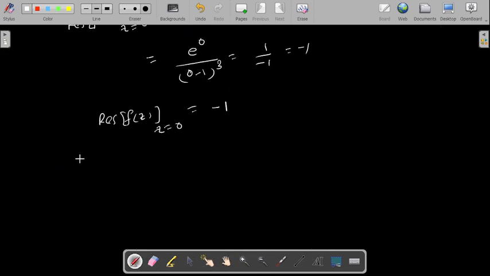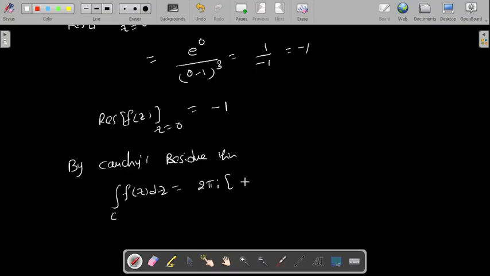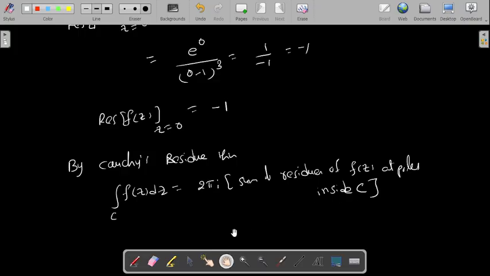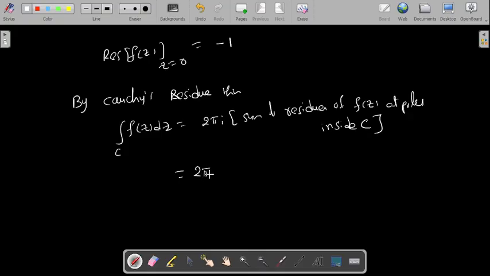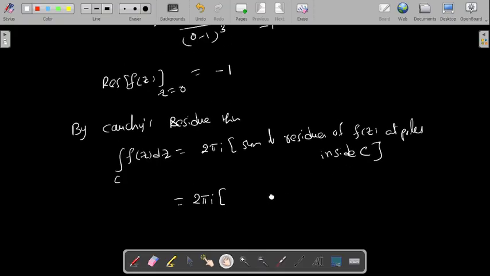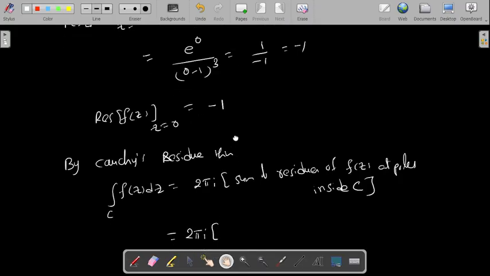So now by Cauchy's residue theorem, integral over C of f(z) dz equals 2 pi i into the sum of residues of f(z) at poles inside C. Only one pole z equals 0 is inside, and its residue is minus 1.